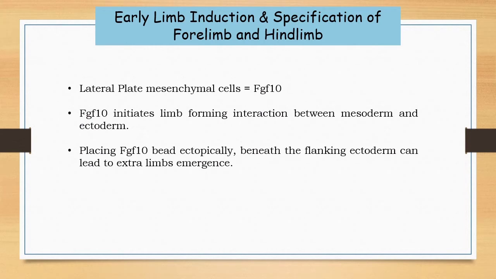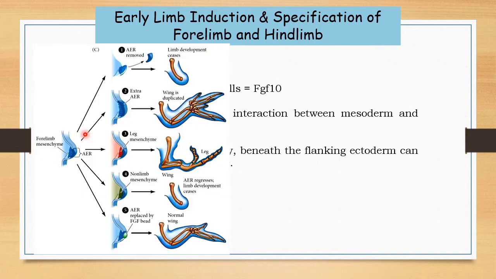So far we know that lateral plate mesenchymal cells secrete the FGF10 molecule. This FGF10 molecule helps in initiation of limb forming interaction between mesoderm and ectoderm. That is, it helps in initiating certain signaling that plays a role in interaction between mesoderm and ectoderm, and this interaction helps in formation of limb. Now, we also discussed the function of AER and progress zone in limb formation, and for that we discussed 5 sets of experiments.